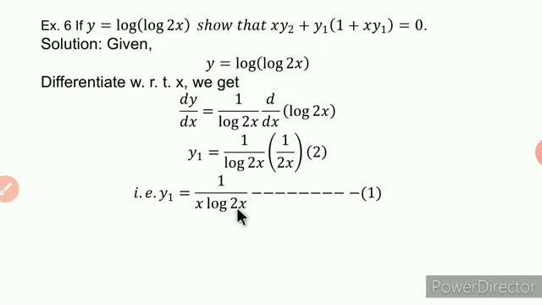Now taking this x log 2x to the LHS, it goes to multiplication, and therefore we get x y1 log 2x is equal to 1.